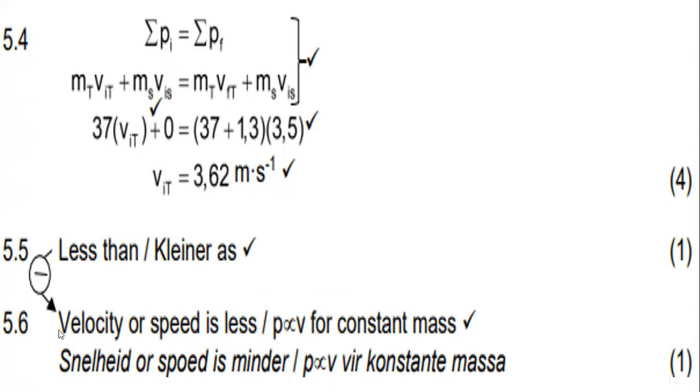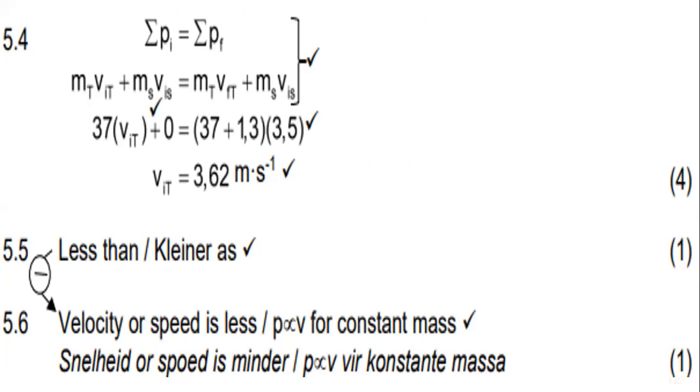And what is the reason? It is because the final velocity, which is the velocity after jumping onto the skateboard, is less than the velocity before he collided with the skateboard, the velocity before he jumped onto the skateboard.